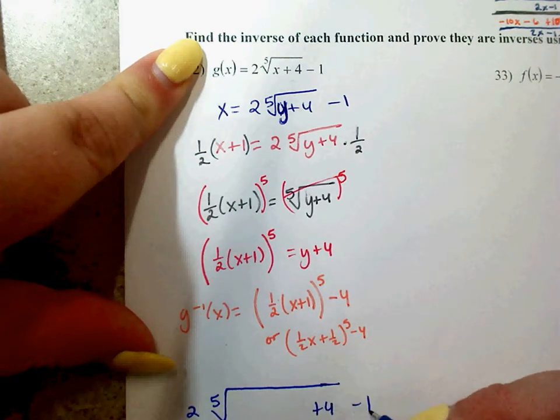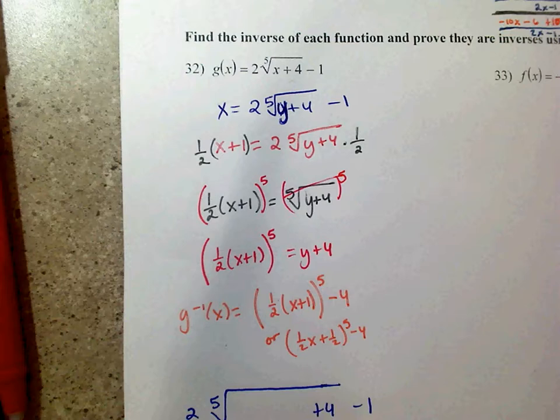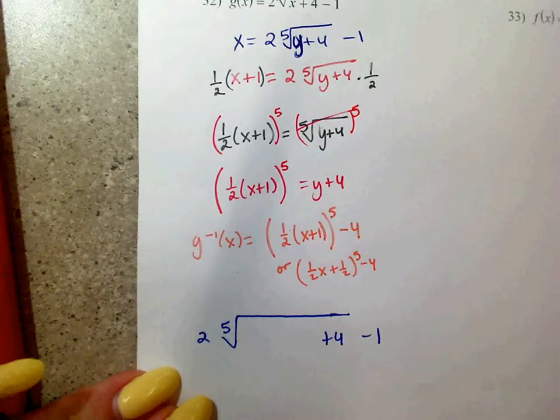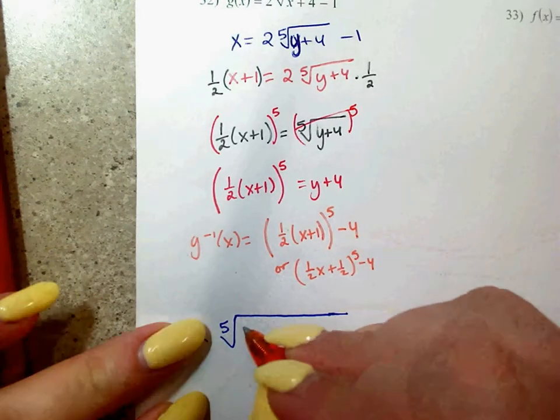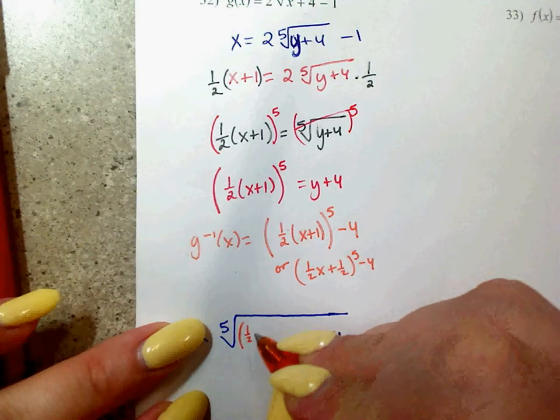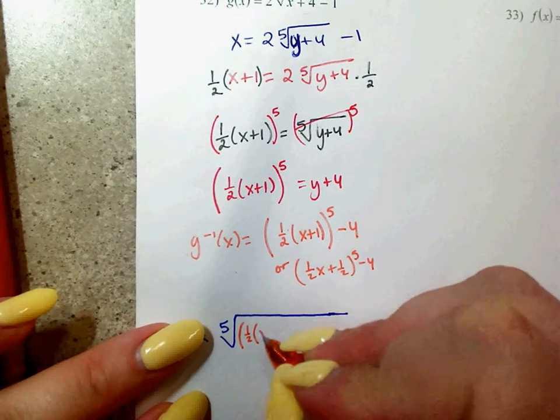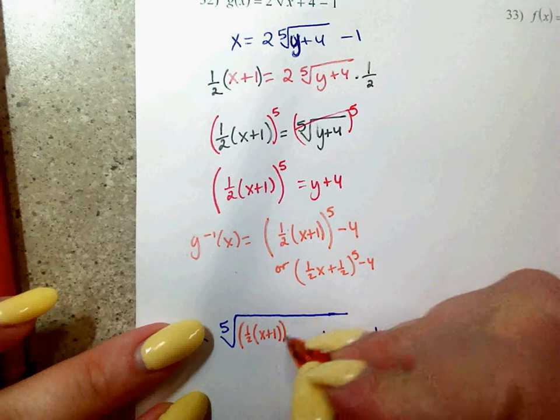And the thing that I'm going to substitute in is the inverse. So all of that, 1/2 times the quantity x plus 1, to the 5th, minus 4.